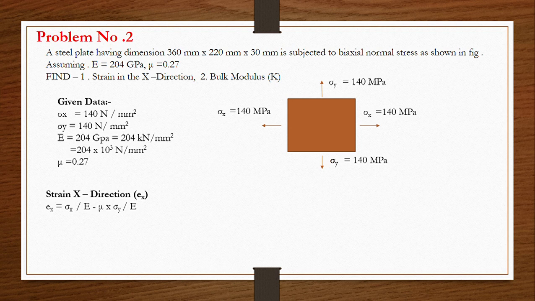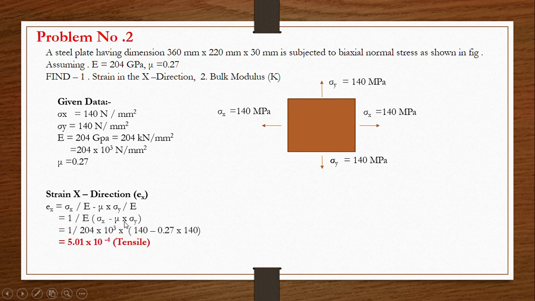Now, the same way we will use that formula. So epsilon x is nothing but sigma x divided by E minus mu into sigma y divided by E. Substitute the values, and in the same way we calculate. So we get epsilon x equals 5.01 into 10 raised to minus 4. Is it a positive sign? So the answer will be positive, which means tensile.